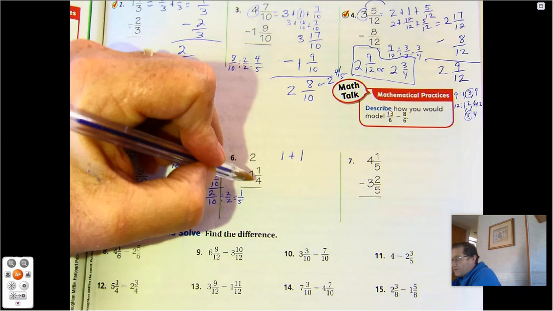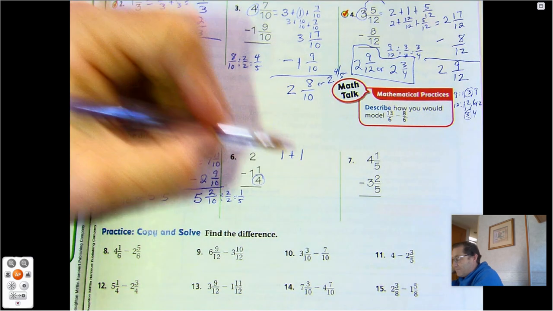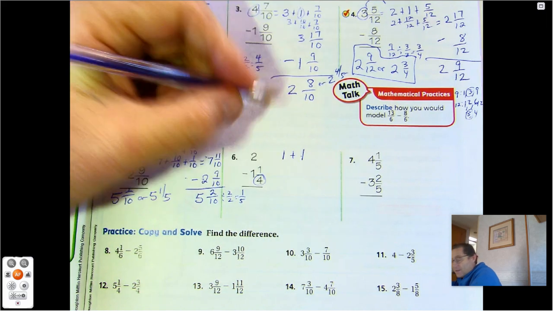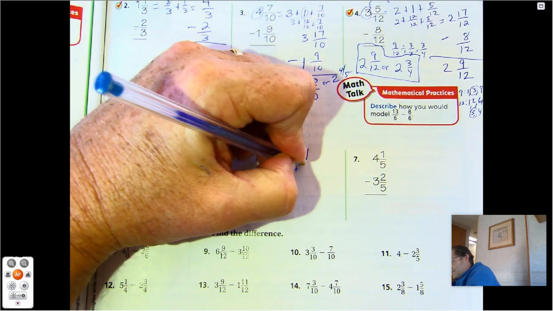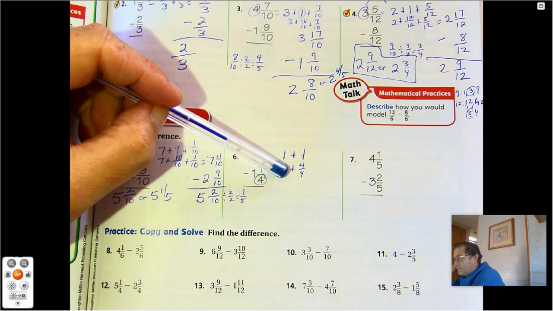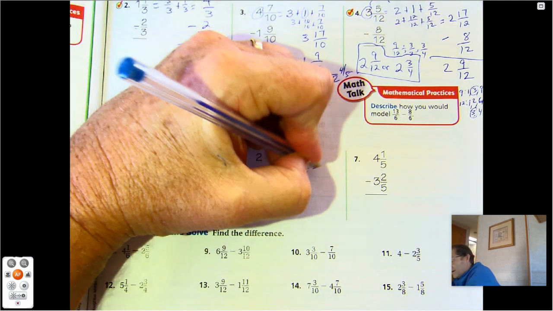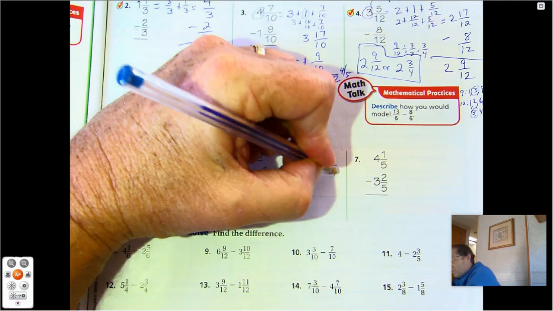And we're going to use the fourths to rename this 1. So I'm going to have 1 plus 4 over 4. Okay. So 1 plus 4 over 4 is 2, right? Because 4 over 4 is 1. 1 plus 1 is 2. Okay, so we have 1 and 4/4.